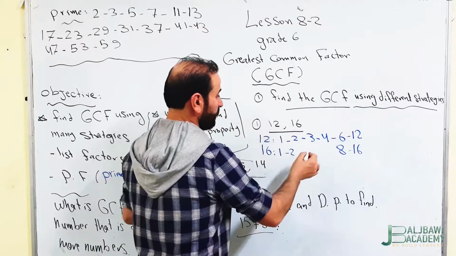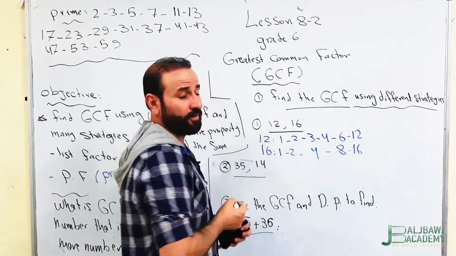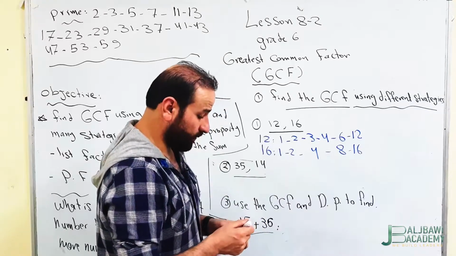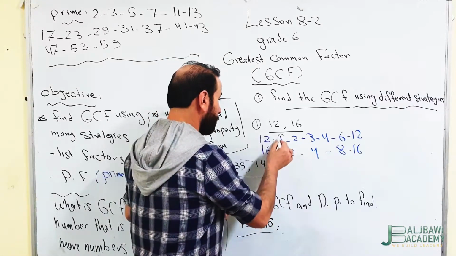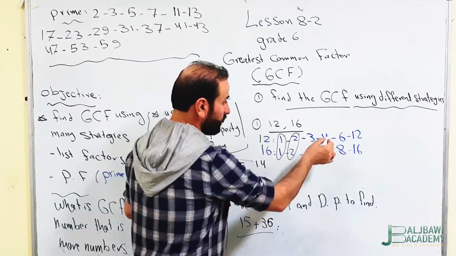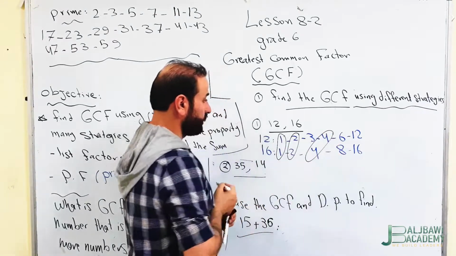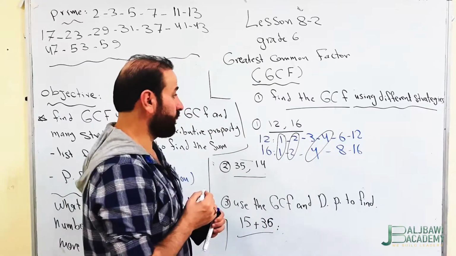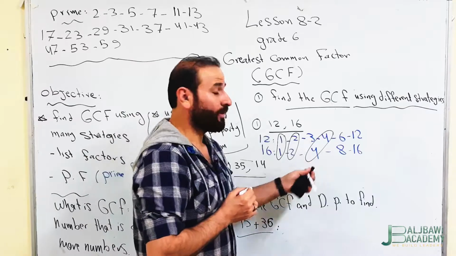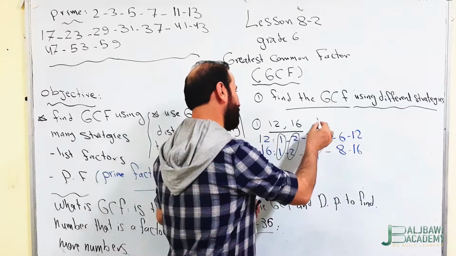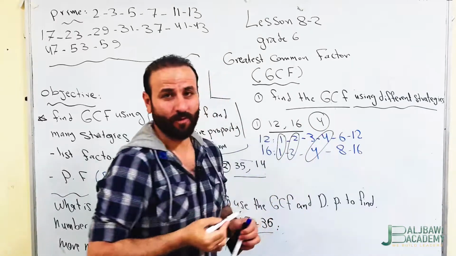What else? 4 and itself, 4 multiplied by 4 equals 16. Now, what are the common factors? 1, 2, and 4. We have three common factors, but the greatest common factor is 4. So the answer is 4.